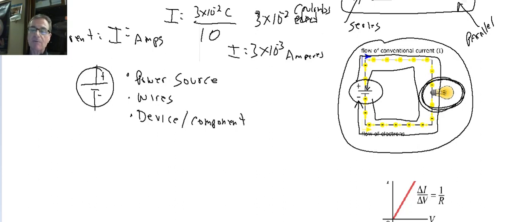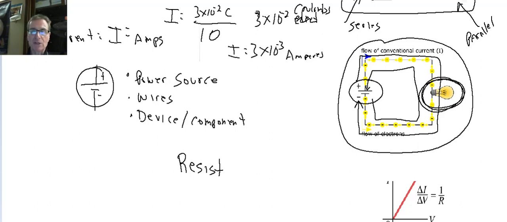One of the properties of a device in our circuit is that it's going to typically resist the flow of electrons. Our wires, especially as we do circuit analysis, we're going to consider to be perfect wires, and so they are not going to have any resistance in them, unless we're doing a lab and we're trying to actually measure the resistance of a wire.